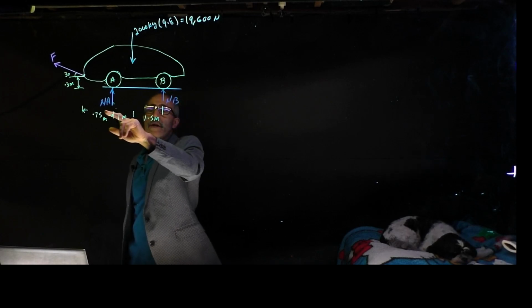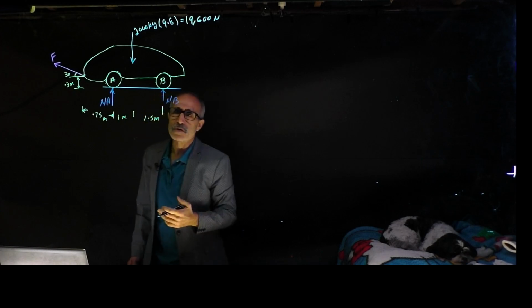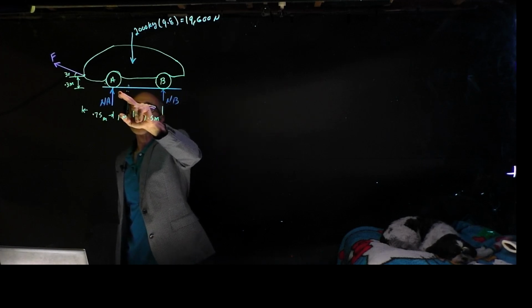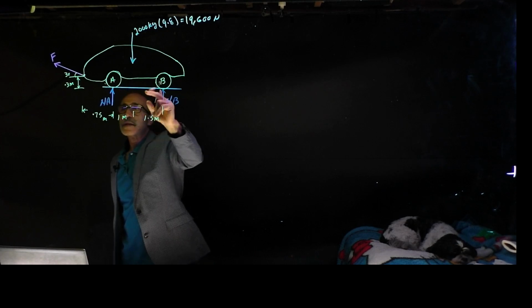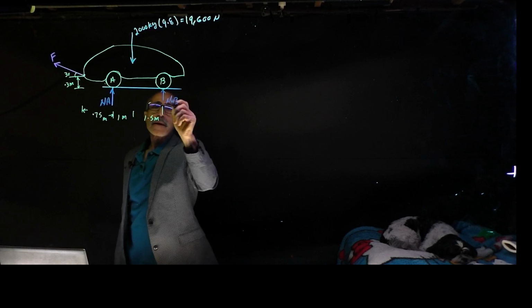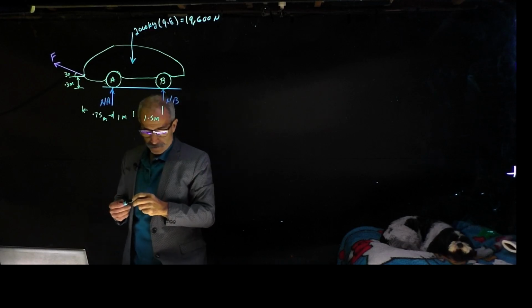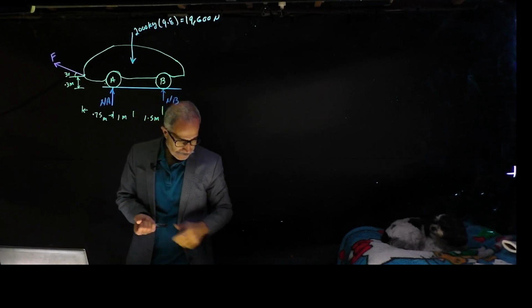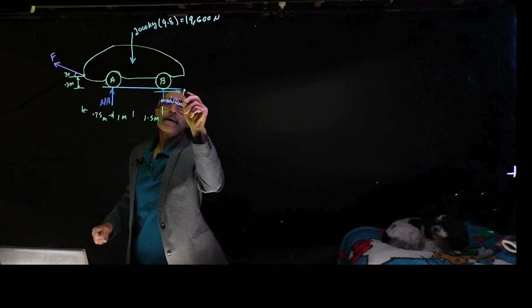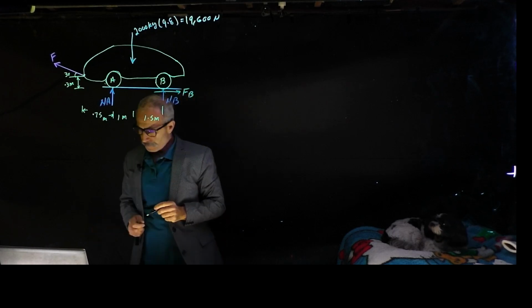You could do 2 Na, 2 Nb, then they cancel each other, so it'll be Na and Nb. Then this wheel is free, it rotates, so there's no friction here. Then the force is going that way, so our friction force goes the opposite way. And we're going to have F of B coming right here.